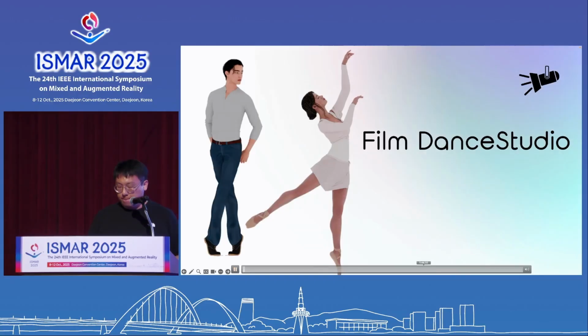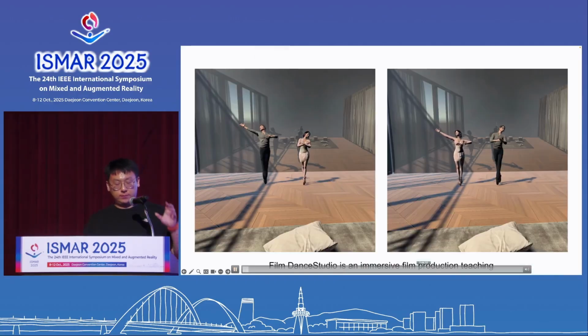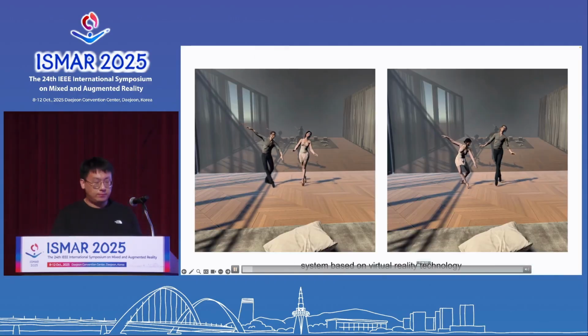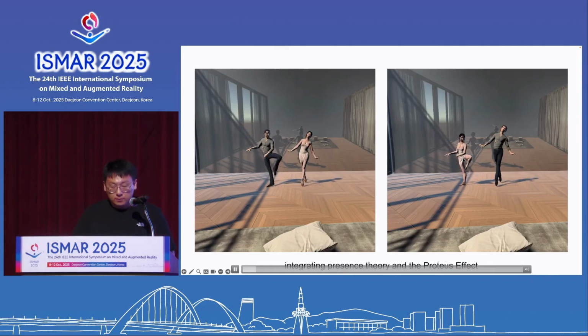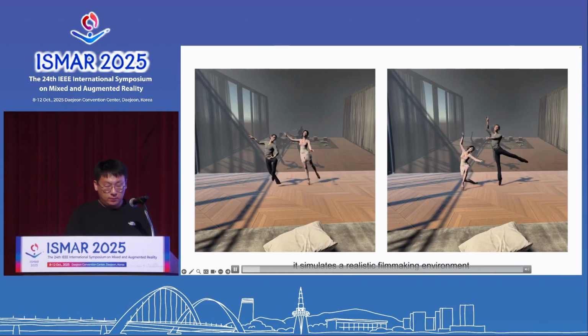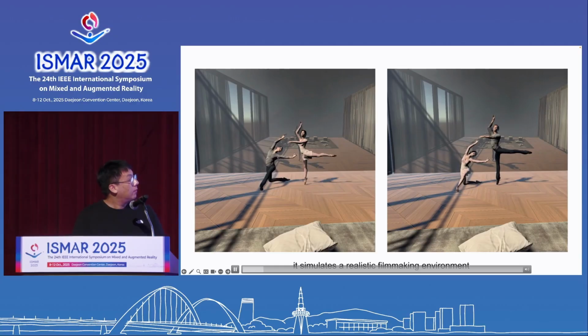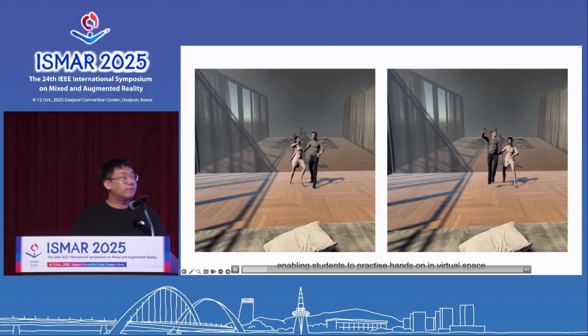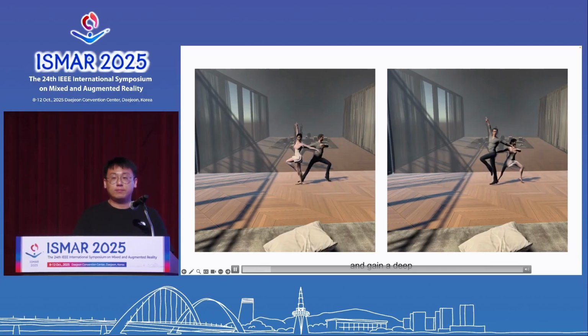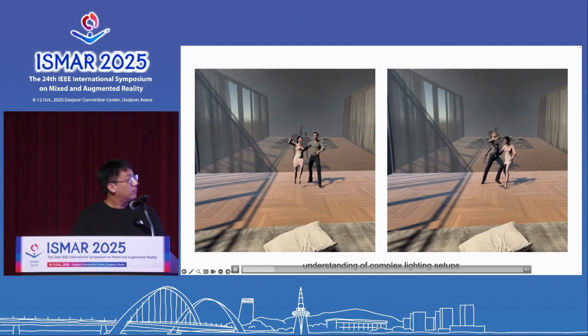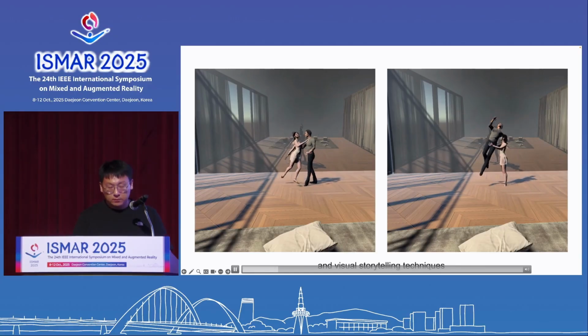Film Dance Studio is an immersive film production teaching system based on virtual reality technology. Integrating presence theory and the Proteus effect, it simulates a realistic filmmaking environment, enabling students to practice hands-on in virtual space and gain a deep understanding of complex lighting setups and visual storytelling techniques.